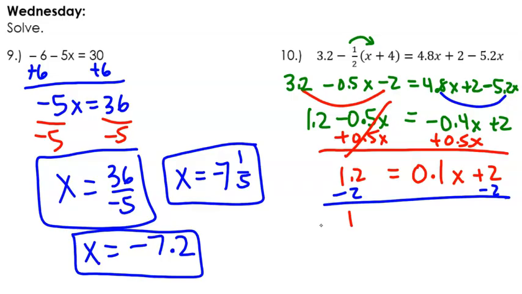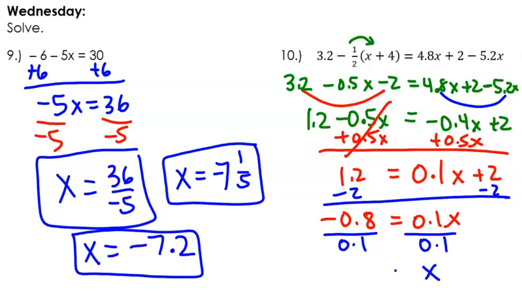That gives me actually a negative 0.8. And now I'm going to divide by 0.1. And now my x is isolated. And I'm going to get a negative 8. That's a nice looking answer. Didn't think it was going to be that pretty.